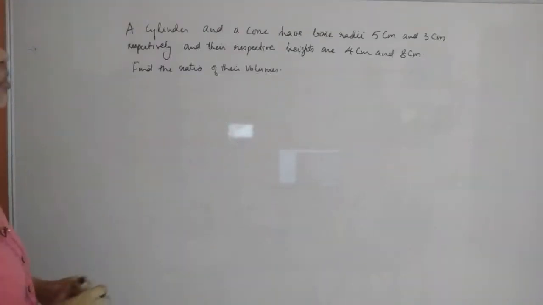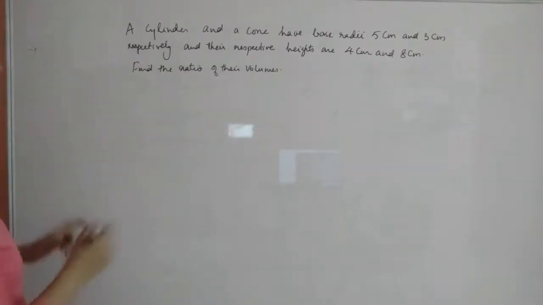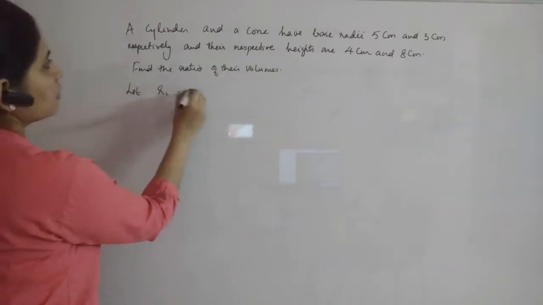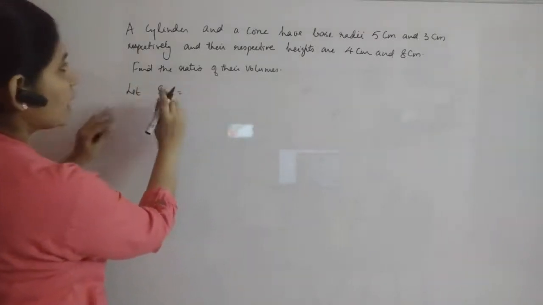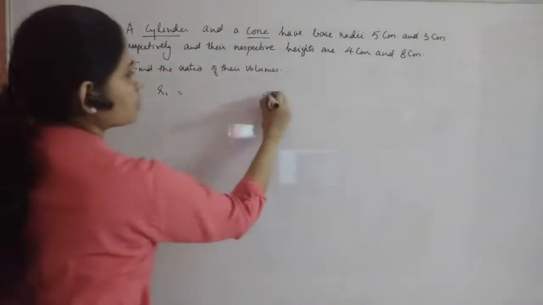A cylinder and a cone have base radii 5 cm and 3 cm respectively, and their respective heights are 4 cm and 8 cm. You have to find the ratio of their volumes. Okay, so first we will take, let R1 and H1 be of cylinder and of cone, R2 and H2.